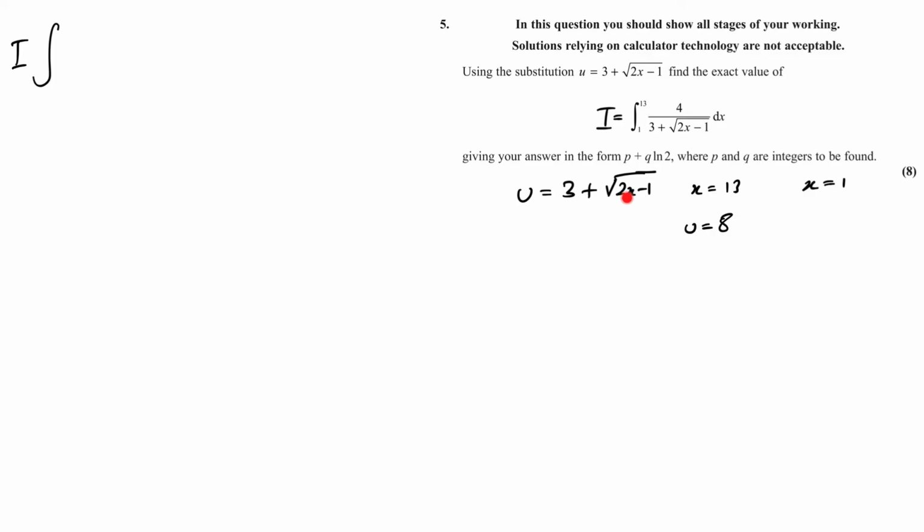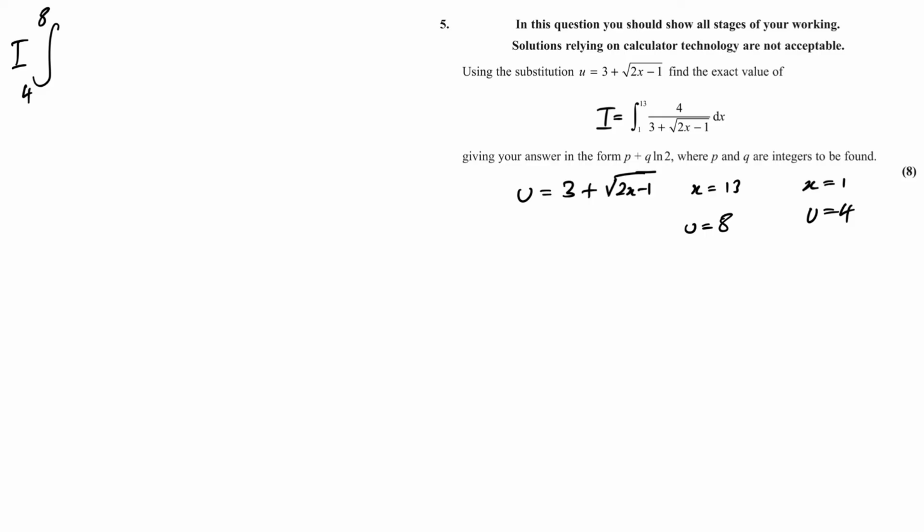And for the second one, 2 times 1 is 2, 2 minus 1 is 1, square root of 1 is 1, 3 plus 1 is 4.